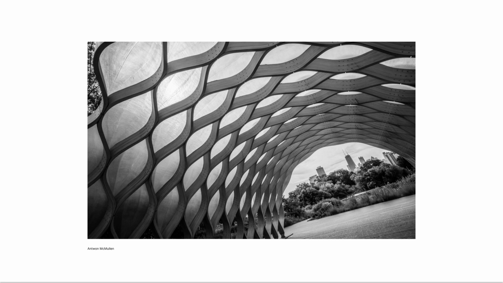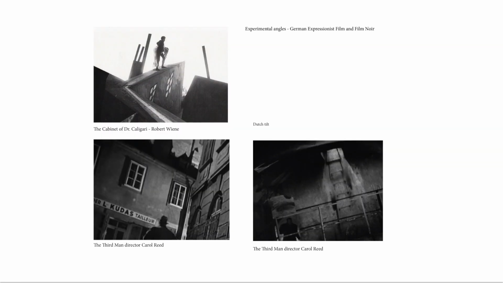And then there's also a technique that's being used here that I want to talk about in a little bit more detail as well, which is something called a Dutch tilt. Actually, people think that this was called a Deutsch tilt, like German tilt, because it was something that became really popular with German expressionist film, which was around in the early part of the 20th century.